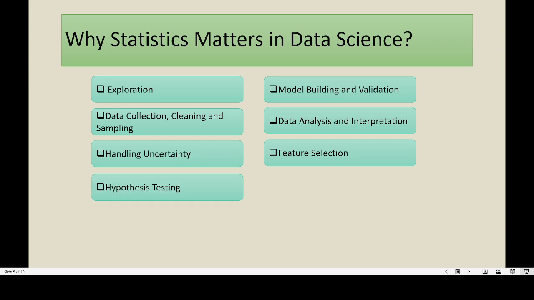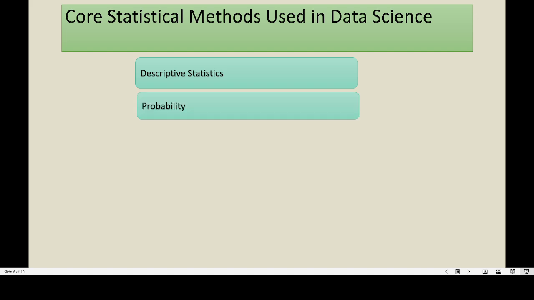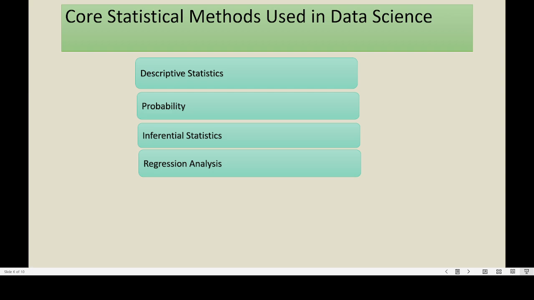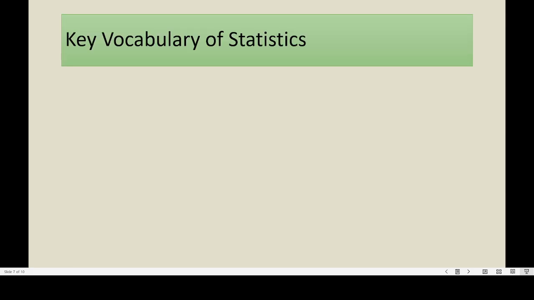Data visualization is the graphical representation of information and data using visual elements like graphs, maps. So core statistical methods used in data science are descriptive statistics like mean, median, mode, etc., probability, inferential statistics, regression analysis, clustering and classification, time series.